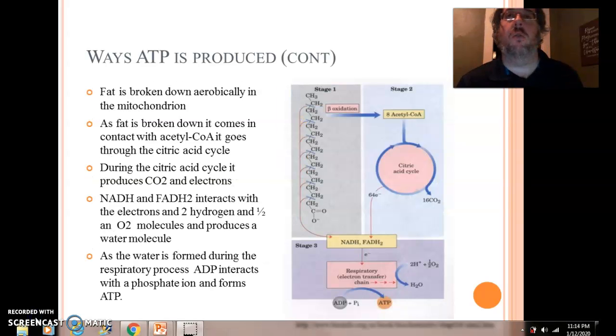ATP is also formed from the breakdown of fat, or palmitate in this case. Fat is broken down aerobically by the mitochondria, where it is oxidized. Once acetyl CoA comes in contact with the oxidized fat, the fat also enters the citric acid cycle.